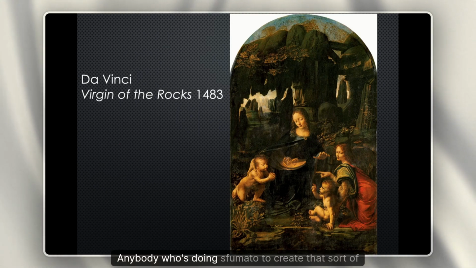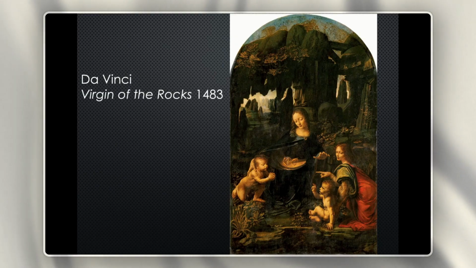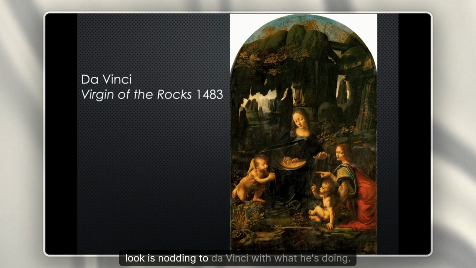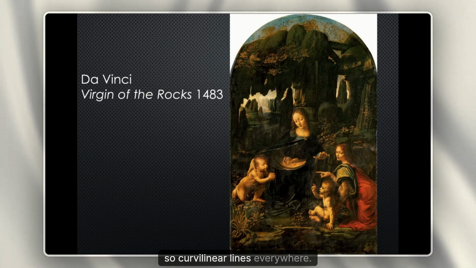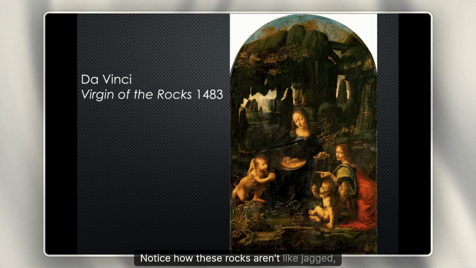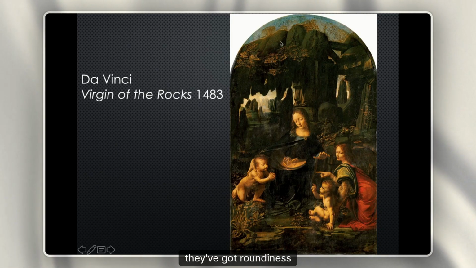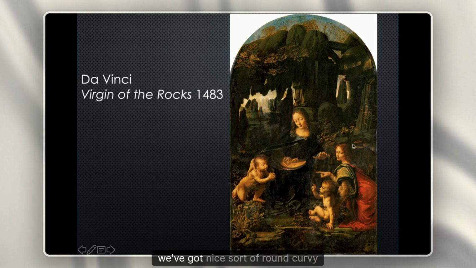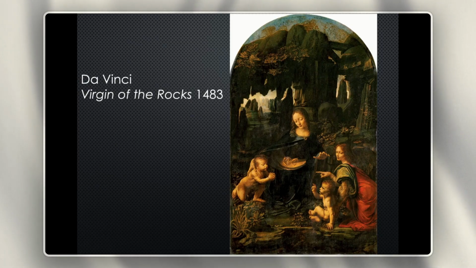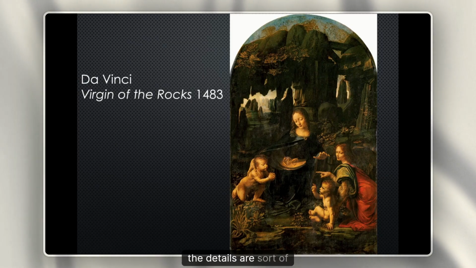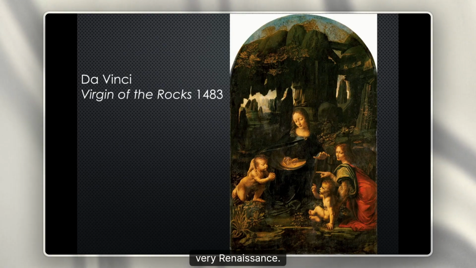Anybody who's doing sfumato to create that misty fog machine look is nodding to Da Vinci. So, curvilinear lines everywhere. Notice how these rocks aren't jagged. They've got roundness to them. We've got nice round, curvy lines everywhere, both in the figures and the background. The details are very Renaissance.